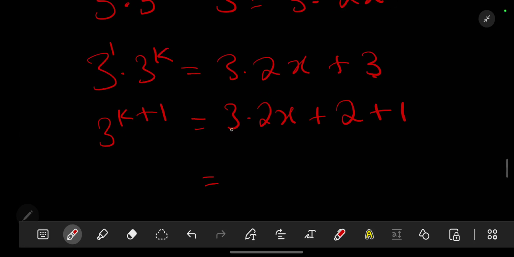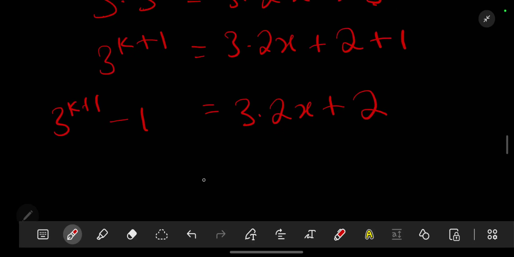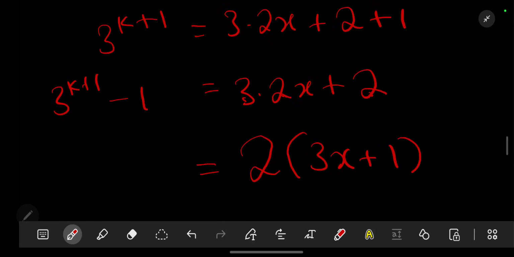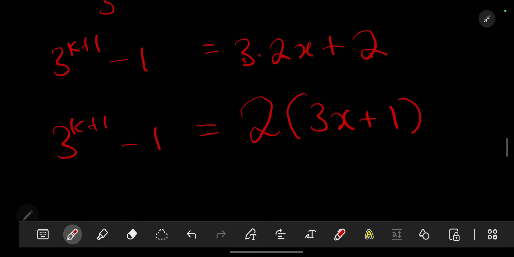So this gives us 3 to the power k plus 1 minus 1, if we take the 1 to the other side, equal to 3 times 2x plus 2. So 2 is common here, and we take out 2, remaining with 3x plus 1.